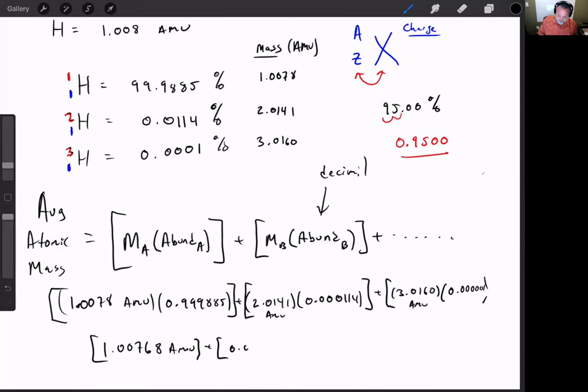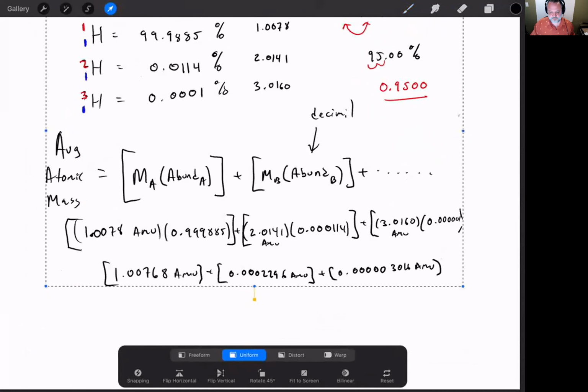I get 0.000296 AMU plus the last term, which will be almost nothing, 3.0160 times 0.000001. I get 0.00000... let me count the zeros, 1, 2, 3, 4, 5, and it's 3016. So now what I do is I take all those terms and I add them together.